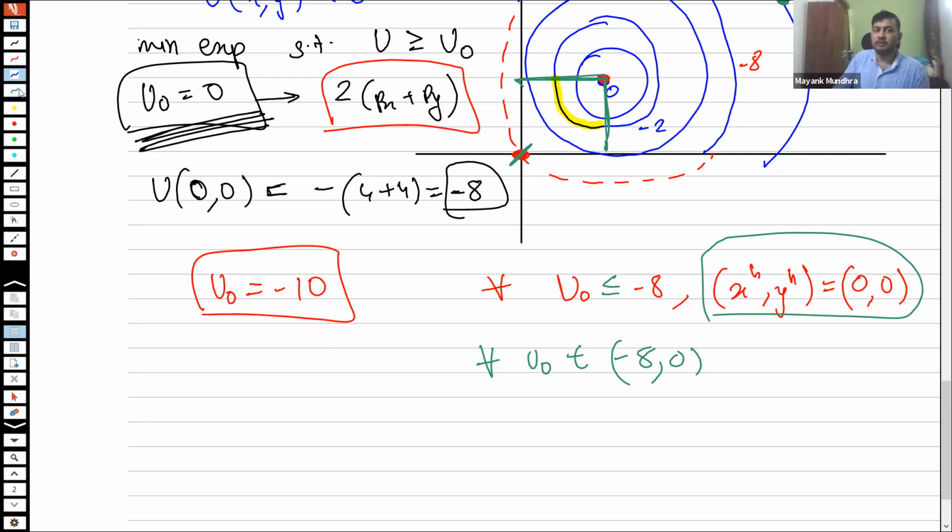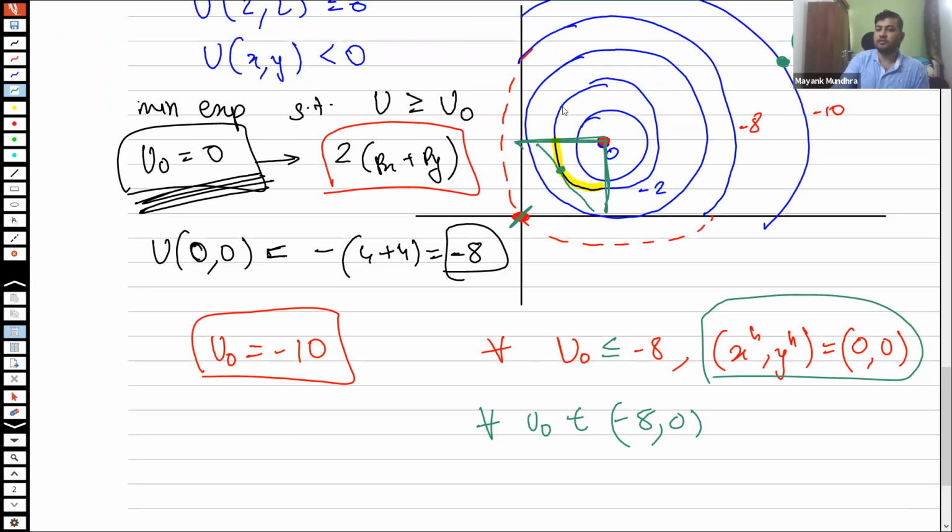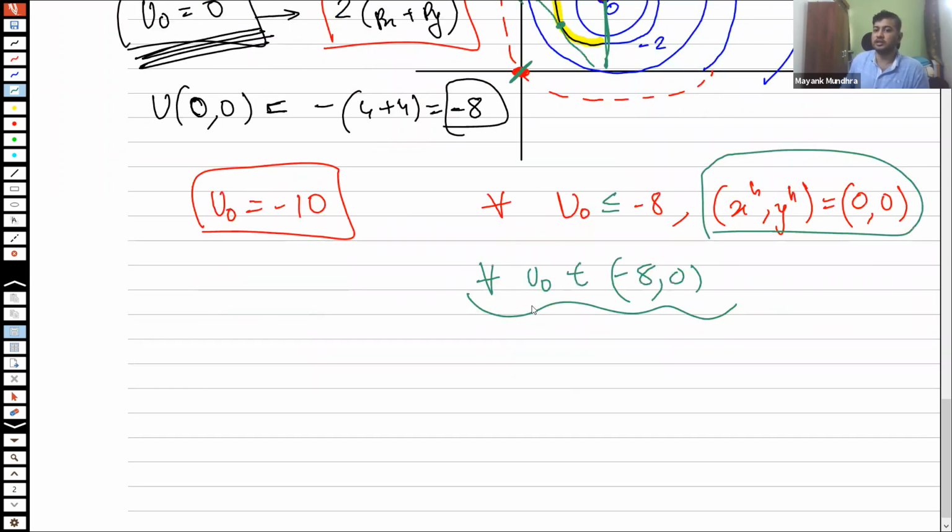So then the ideal bundle to do this would be the tangency point. So then you solve. For this case, you are going to solve for tangency and the utility constraint.